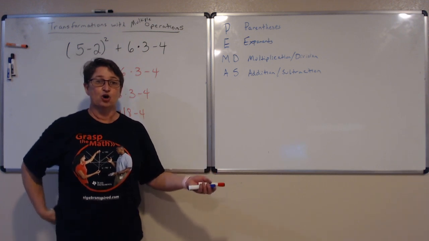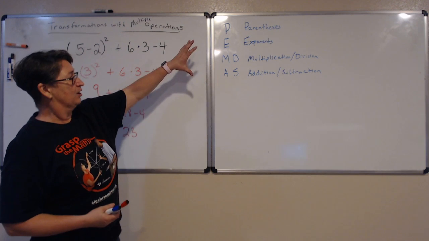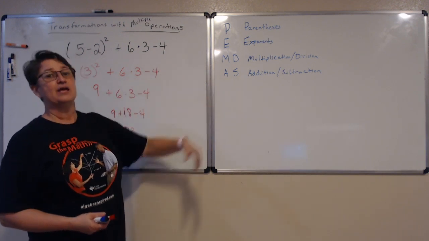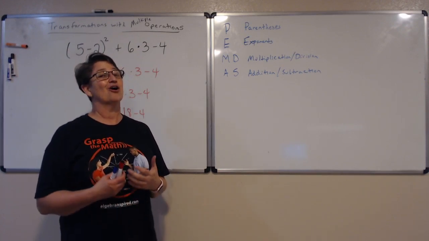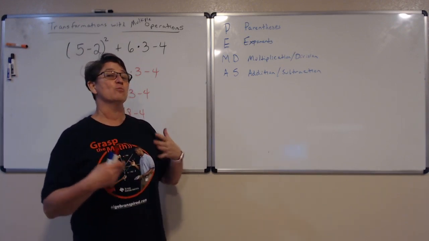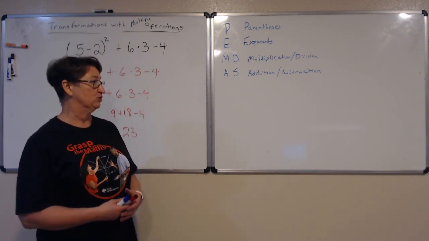I need to know what order to go in. And it turns out that the order is kind of similar, or at least I can use this to help me remember the order of operations when I'm doing my transformations.